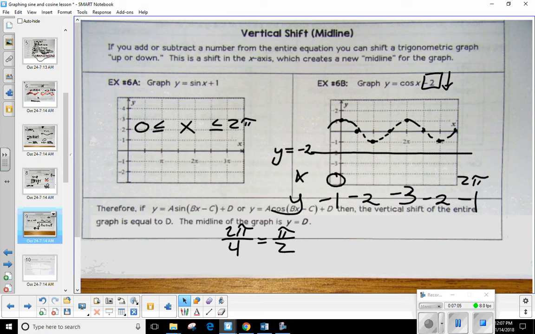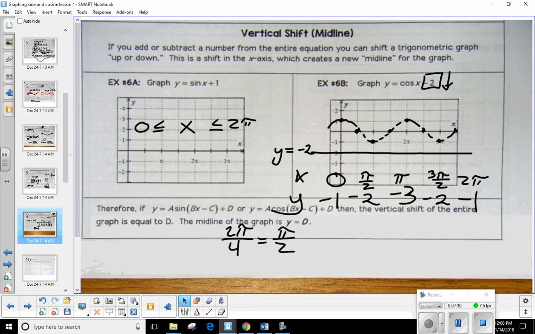Yeah, it's just 1/2 pi, right? So now I'm starting with the lower, and I'm just going to add it over and over. 0 plus pi over 2. Okay. Plus pi over 2, 1 pi. Plus pi over 2, 3 pi over 2. There you go.